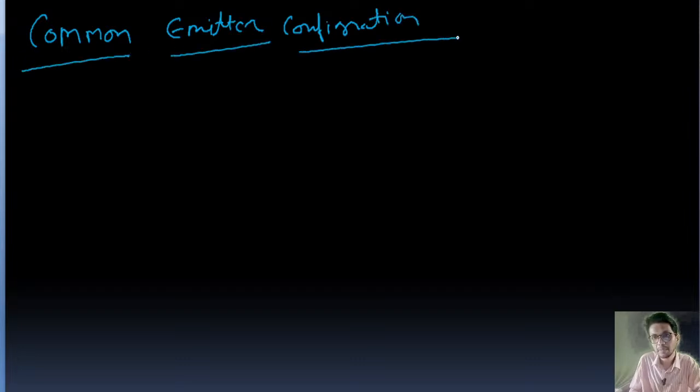We have studied the common base configuration, and now we are going to study the common emitter configuration. So I'll make a figure. This is the transistor.